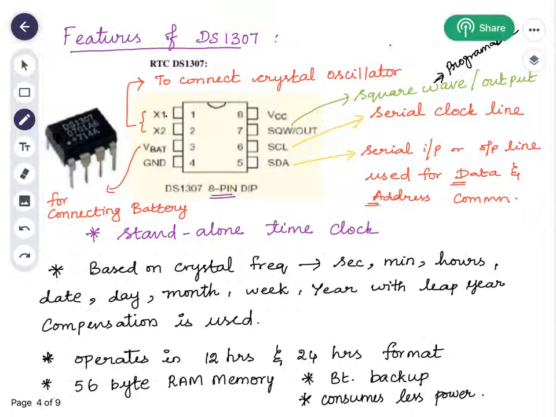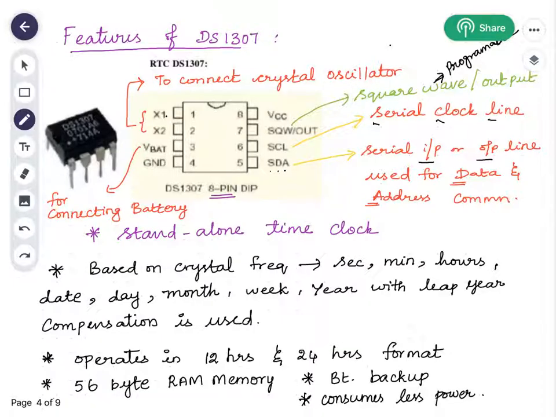SCL is the serial clock line, and SDA is the serial data address, simply the serial input or output line. This is used for communicating data and address between the RTC device and 8051 microcontroller.